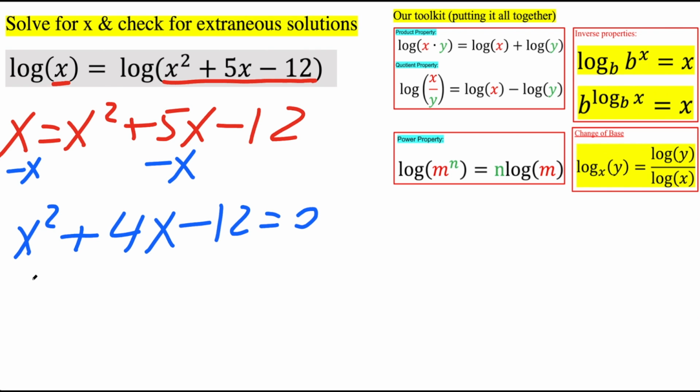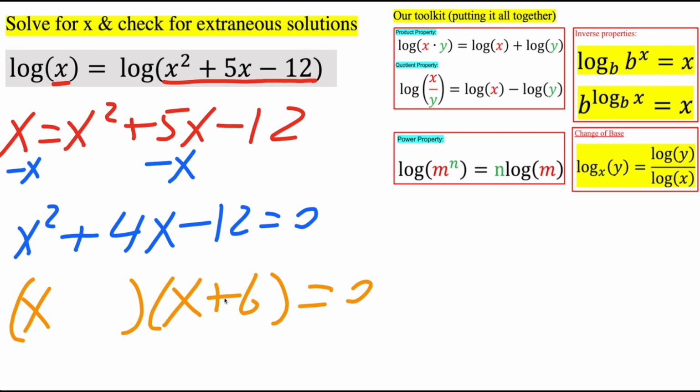So I'm going to use the mental method. So I'm going to put parentheses x, parentheses x, and I'm going to think to myself, what numbers multiplied give us negative 12 but add to give us 4? And we know it's going to be positive 6 and negative 2. Negative 2 times 6 is negative 12. Negative 2 plus 6 is positive 4.